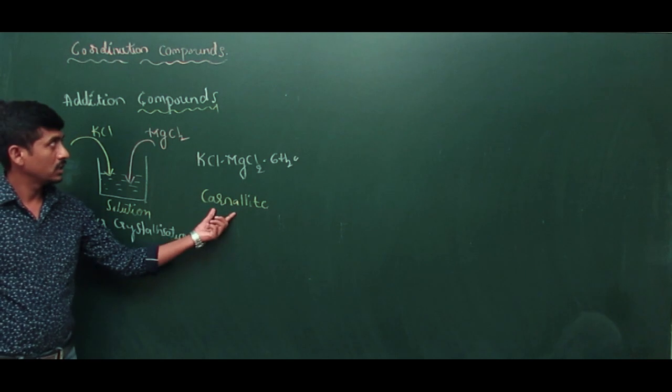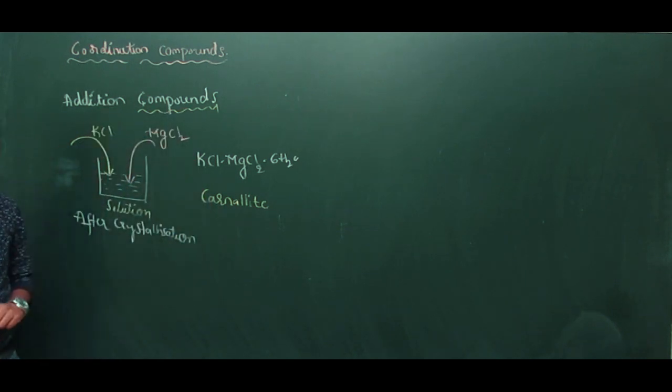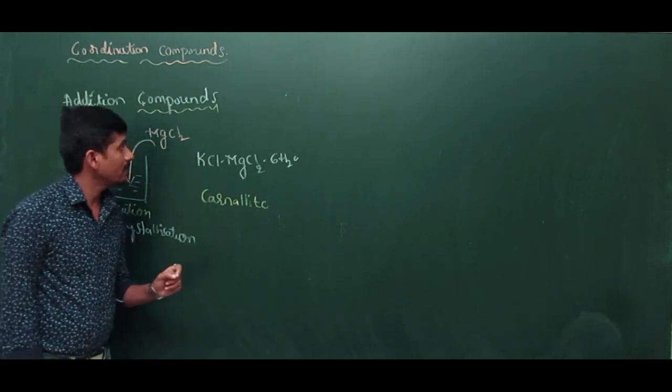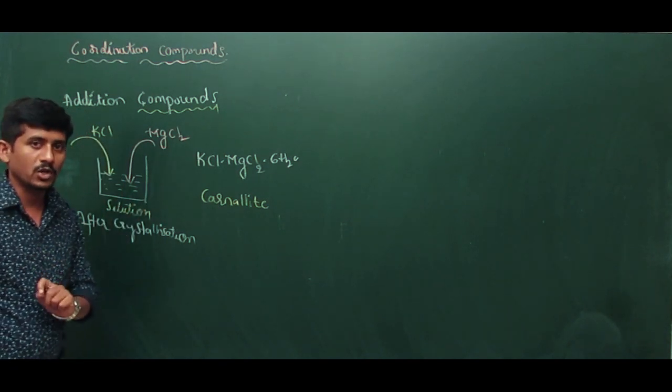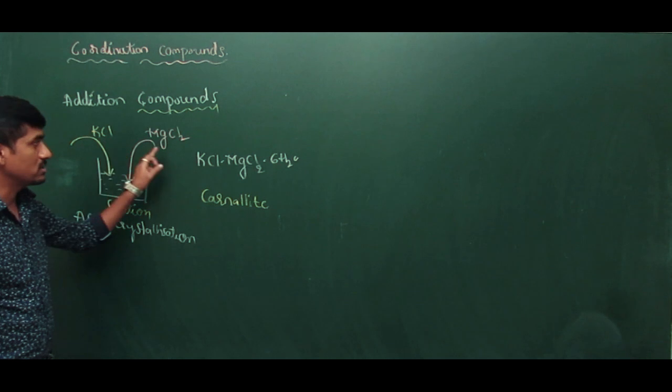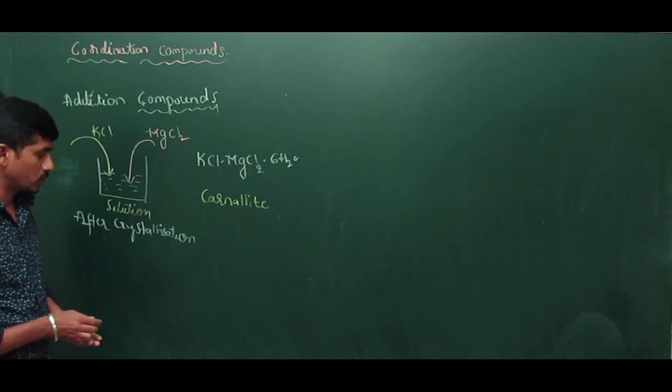So carnallite is an addition compound formed by the combination of two simple compounds, KCl as well as MgCl2.